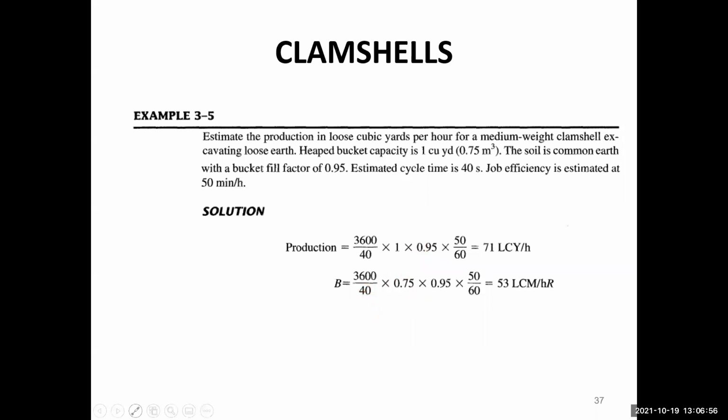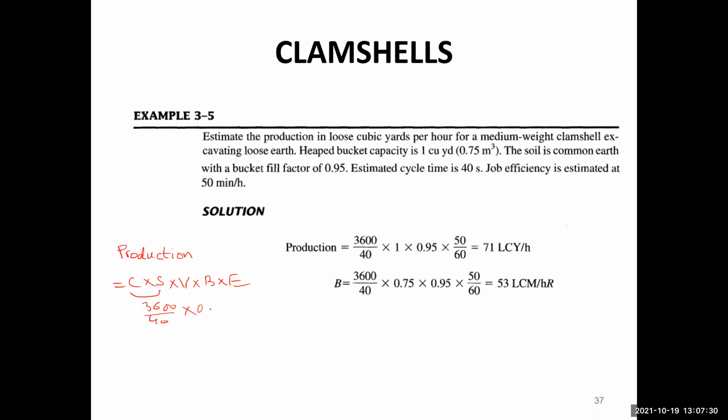So if we want to visualize the formula, the normal production formula is C times S times V times B times E. Here C times S has been given as 3600 by 40.